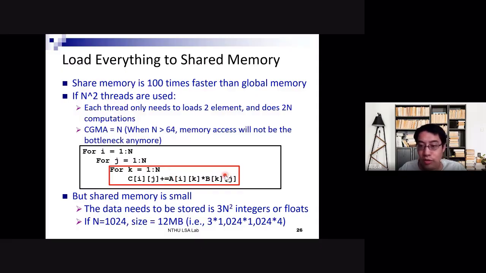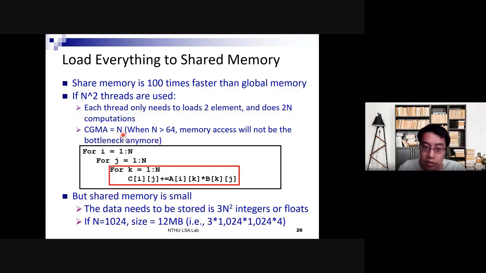So in total, that's 2 times n computations per thread. So after we use the shared memory, the ratio of CGMA will become n, because that's 2n divided by 2. So that's n.